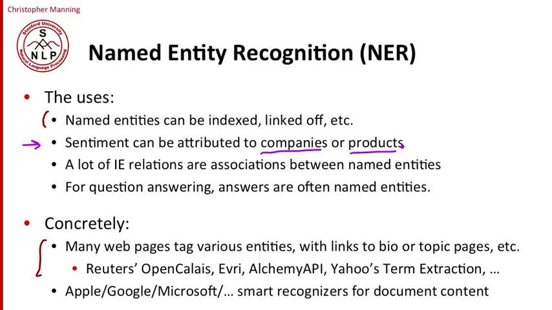But there are a lot of other uses where named entity recognition is a subcomponent of a larger task. Commonly, when you're doing information extraction, a lot of what you're doing is actually identifying named entities and then working out the relationship between them. We'll talk later about question answering. And in question answering, for various kinds of questions, often the answers are named entities. When did something happen or who did something?